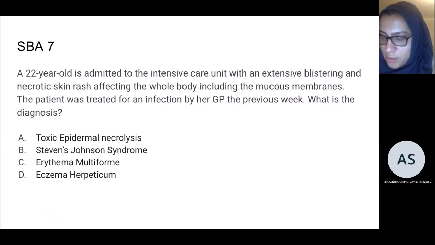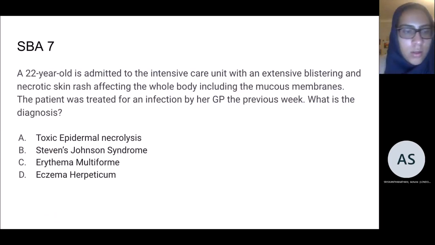Okay, so the answer to this question is toxic epidermal necrolysis.